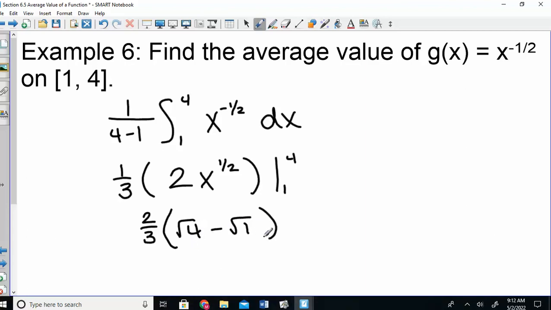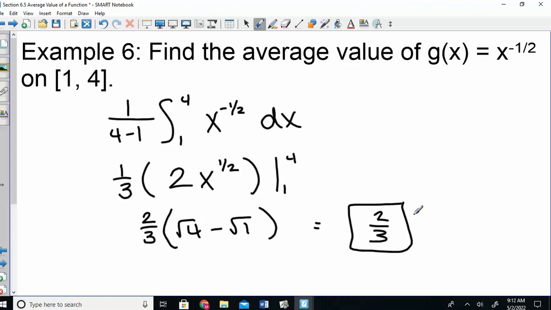So that's 2 minus 1 is 1, times 2/3 is 2/3. If I asked you to find c, so that the average value equaled f of c, what do you have to do? Set the original function equal to 2/3 inside. Okay, are we good with this stuff?